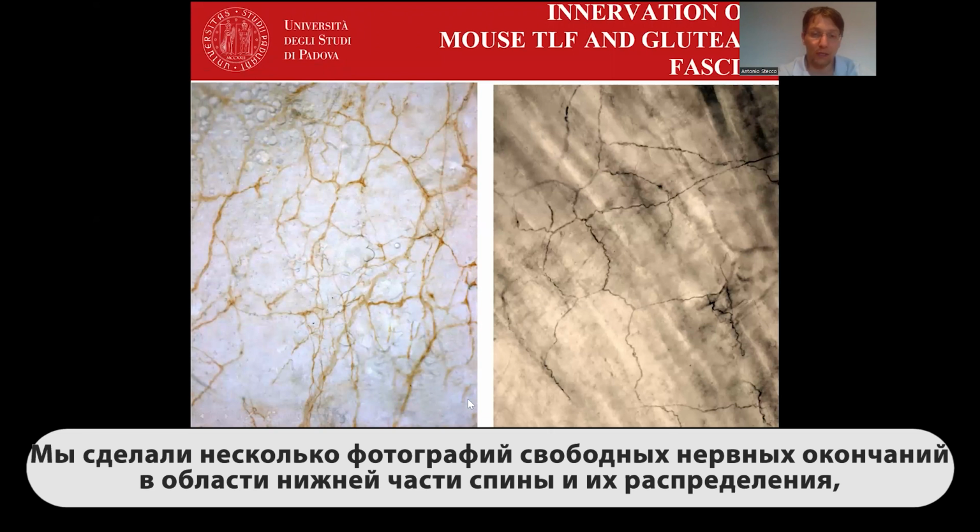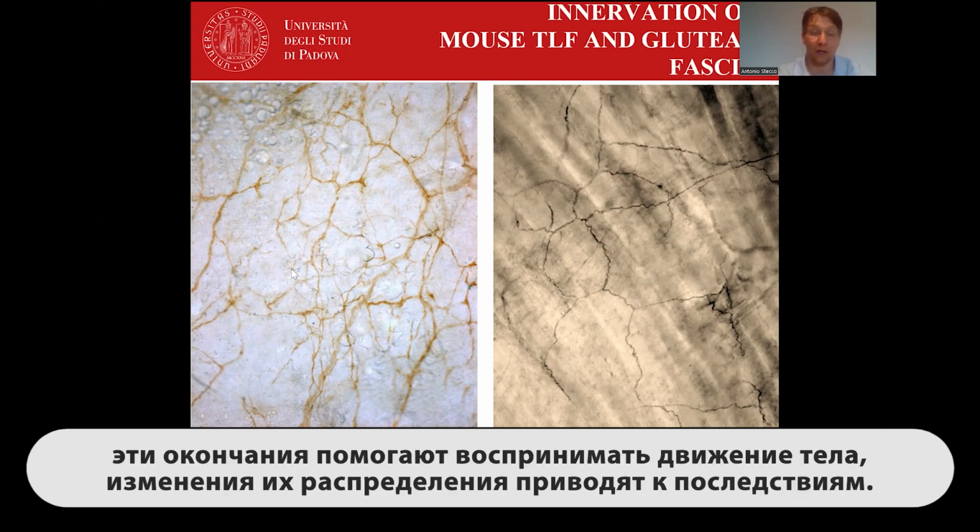So we took a few pictures of the free nerve endings in the low back area of the rats. With a multiple layer analysis, you can clearly see a polyhedric distribution of these free nerve endings that can permit the body to perceive motion, because in the way you deform this polyhedric, you can explain what is going to happen.